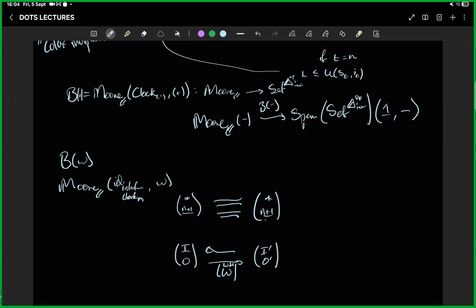It's in fact exactly the forgetful functor to Set of delta inert, if you think of it as an ordinal.